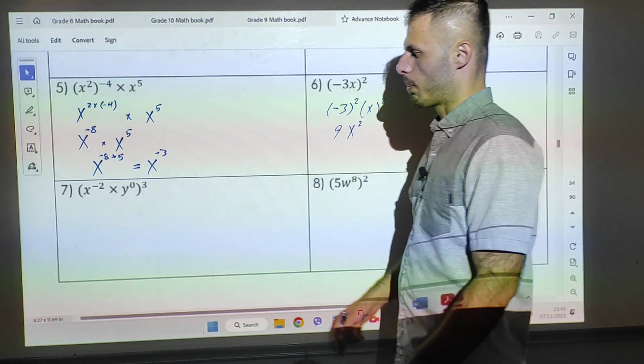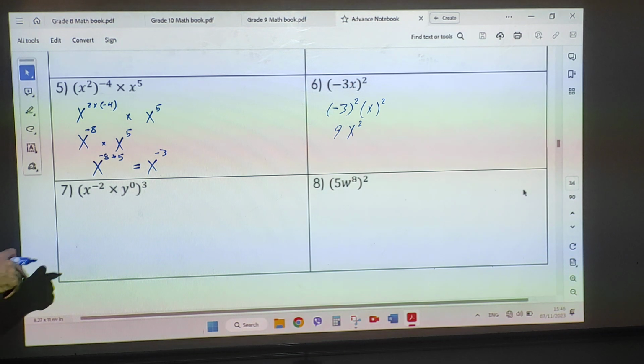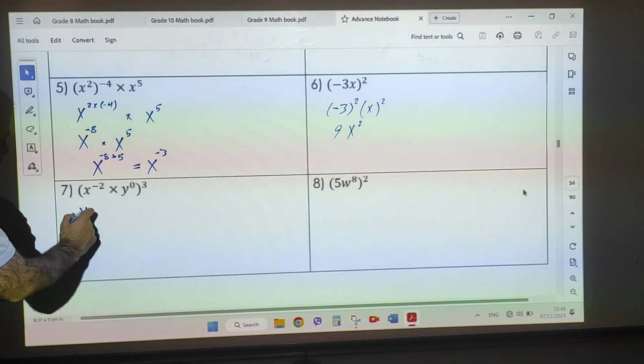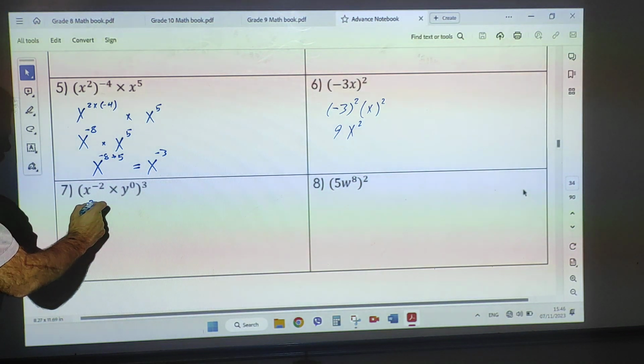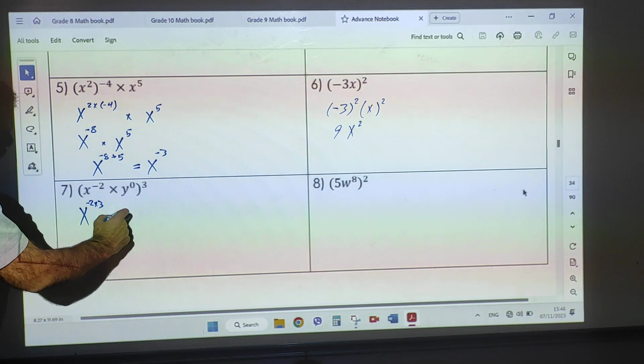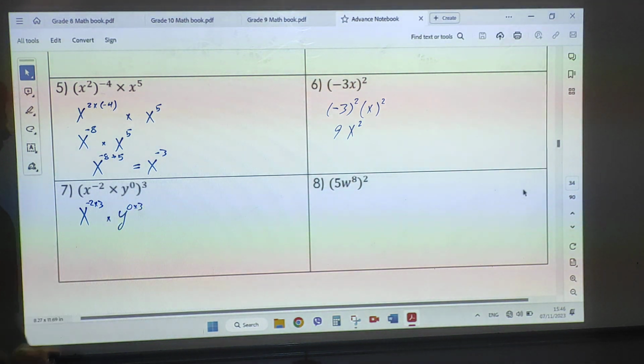For the next, which is number 7, x power negative 2 multiplied by y to the power of 0, all power 3. We will say x power negative 2 multiplied by 3, and y to the power of 0 multiplied by 3.